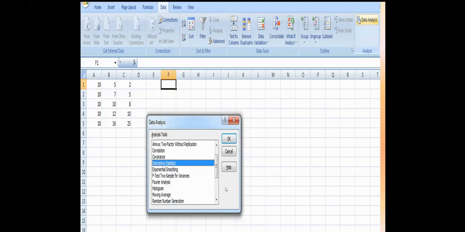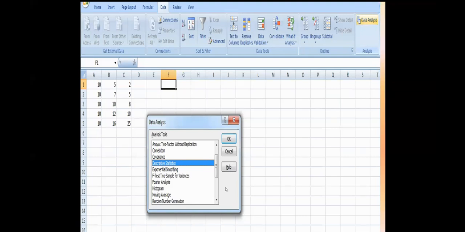For that, this descriptive statistics can be done. If you see the values which I have shown here, in the first column all the 5 variables are 10, 10, 10, exactly the same. Whereas in the second column, the values range from 5 to 16. In the third, they range from 2 to 25.